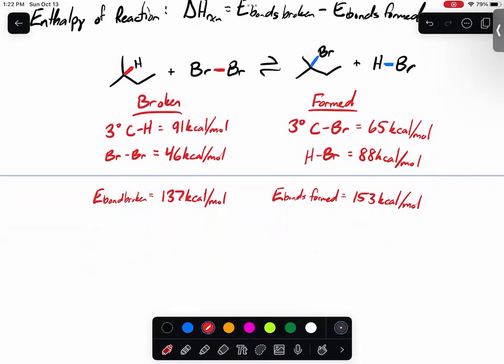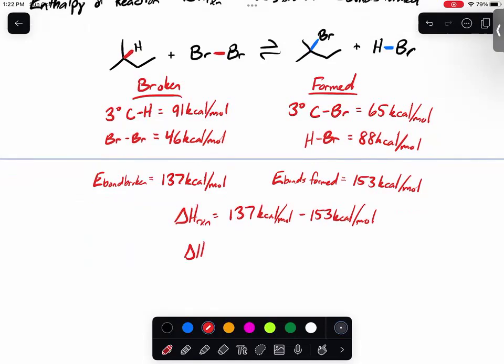Our delta H of reaction would be the bonds broken minus bonds formed. So it would be 137 kcal per mole minus 153 kcal per mole. And of course, that ends up giving us a delta H of the reaction that's equal to negative 16 kilocalories per mole. And that tells us that this reaction is thermodynamically favorable.